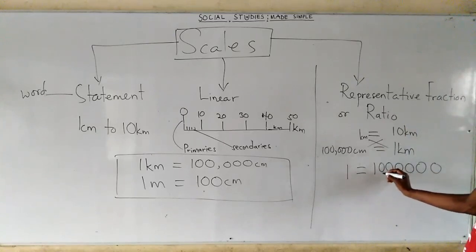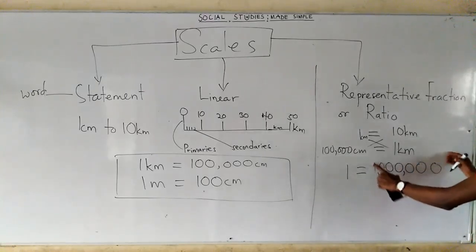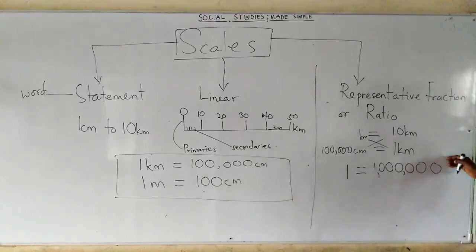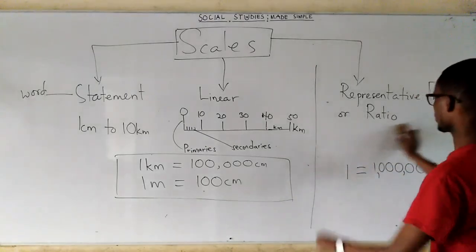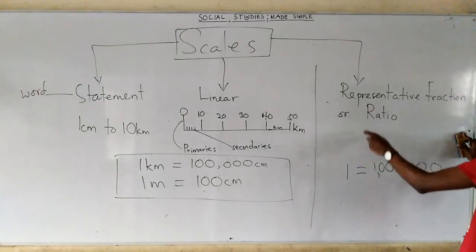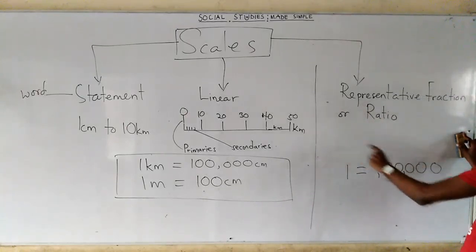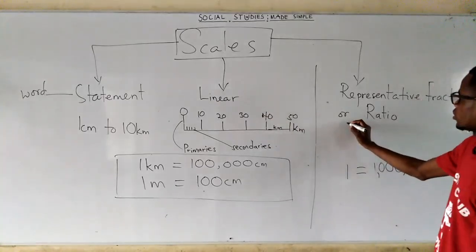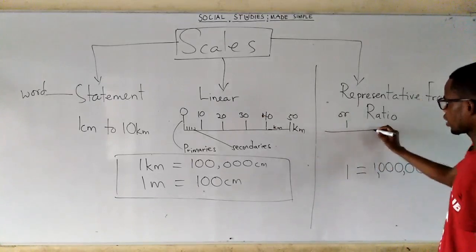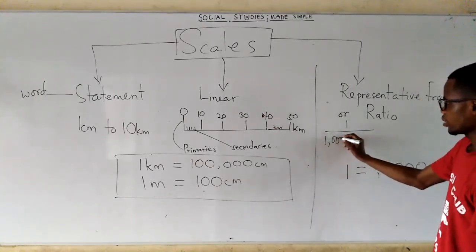So you have 1 million. Okay, so this becomes your what? Your ground distance in centimeters. Therefore, the ratio fraction or the representative fraction or ratio scale for this particular scale, in fraction form will be 1 over 1 million.